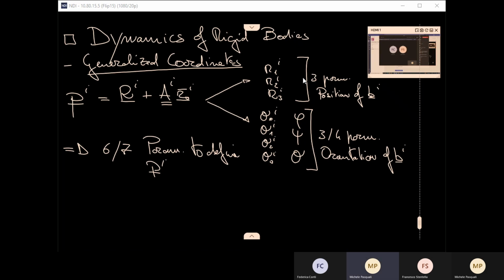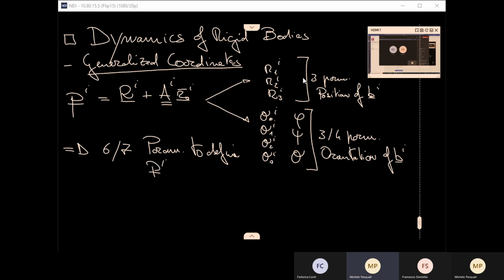This can be seen if we make an example. Actually, more than that, just to close this aspect, typically the generalized coordinates are grouped in a vector, and the most popular notation to define the generalized coordinates makes use of the letter q.